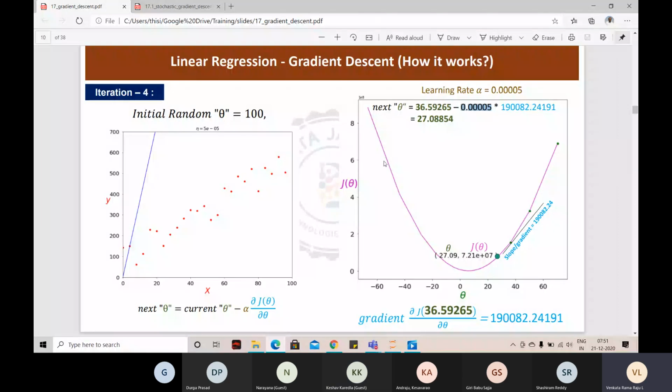A negative number and a big number, right? At 1,90,000 it is a 1,90,000 number. So the curve is going to be steeper, and the next theta value is going to be away from the best theta.